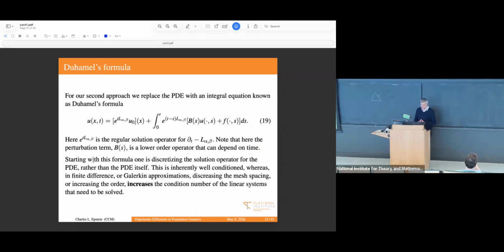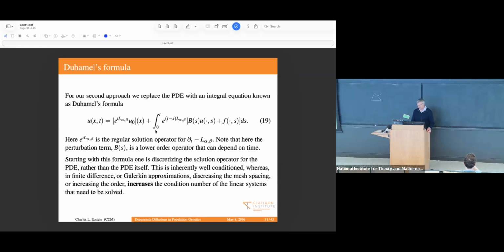Now, the second approach, which is an approach, of course, we like a lot better, is an approach where we replace the PDE with an integral equation. So the integral equation is known as Duhamel's formula, or the variation of constants formula. So we write U as, here's sort of the unperturbed e to the t L alpha beta term applied to the initial data.